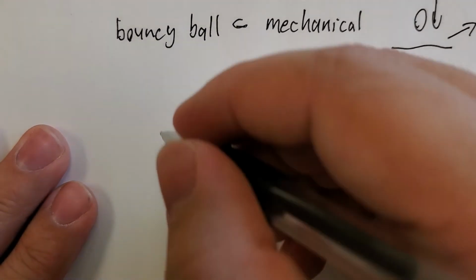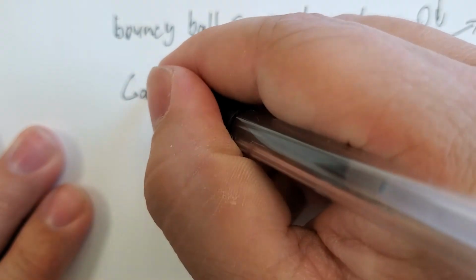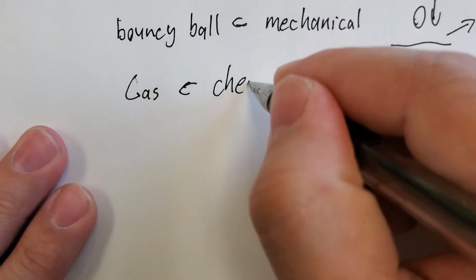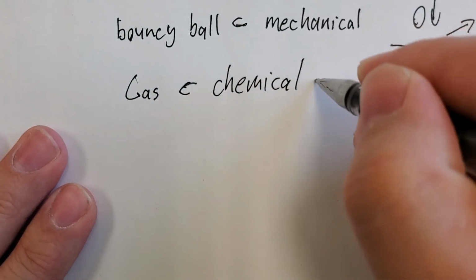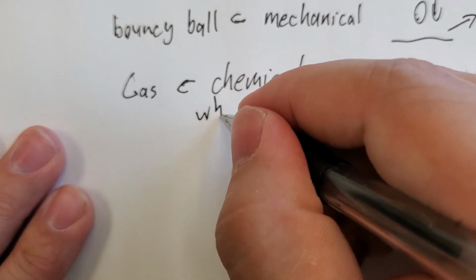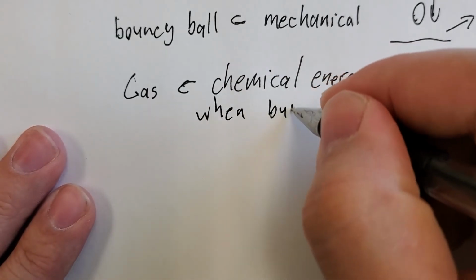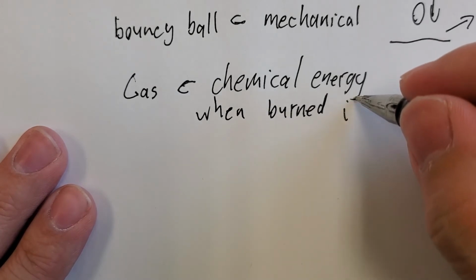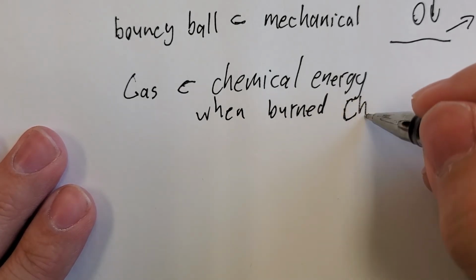Now let's talk about maybe gas, gasoline or fuel. This is considered chemical energy. And then when it's burned up, the chemical energy is released.